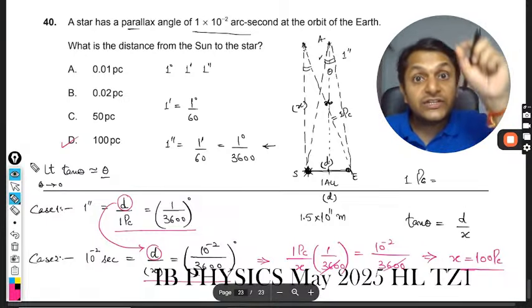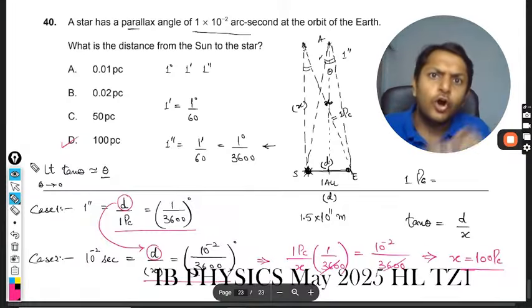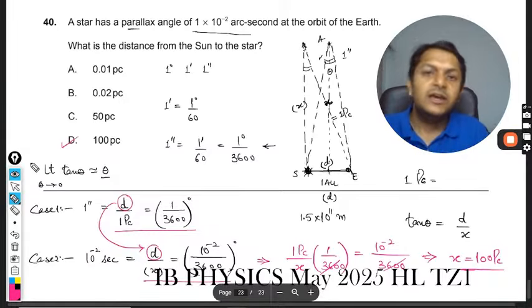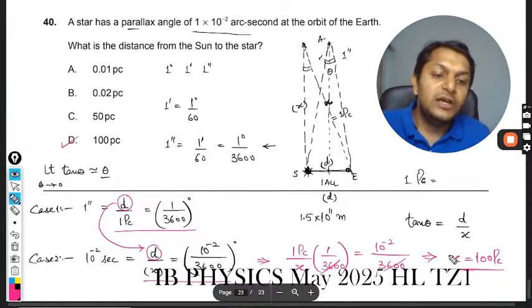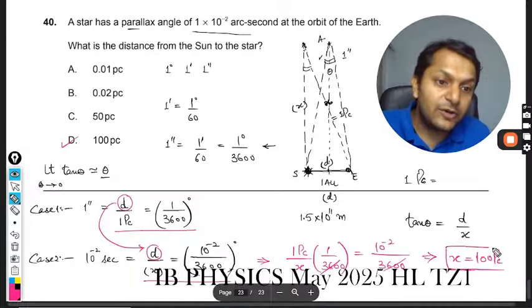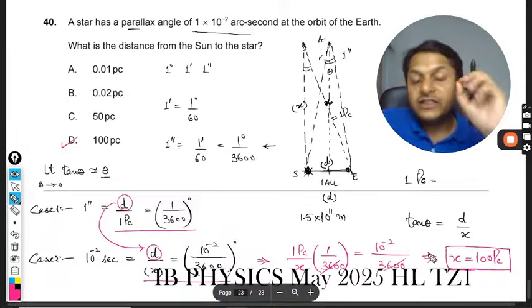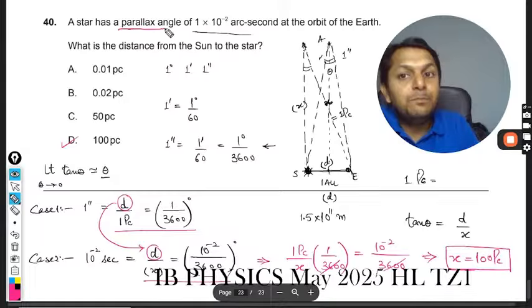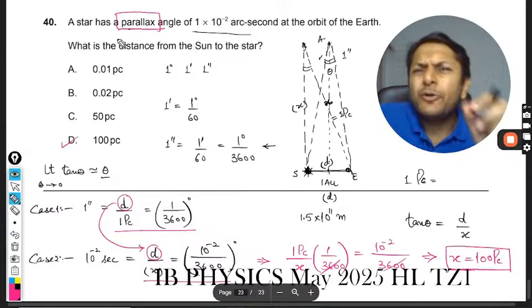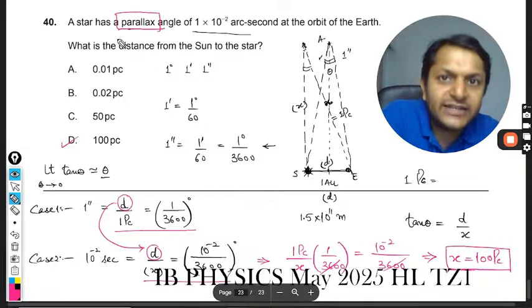So the distance of the star from the sun or from the earth or from the sun-earth system, because they're all approximately the same, that distance will be calculated as 100 parsec with the help of the parallax method, which may or may not be exact, practically speaking.